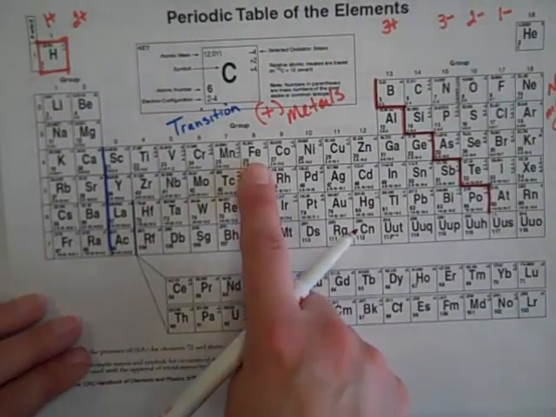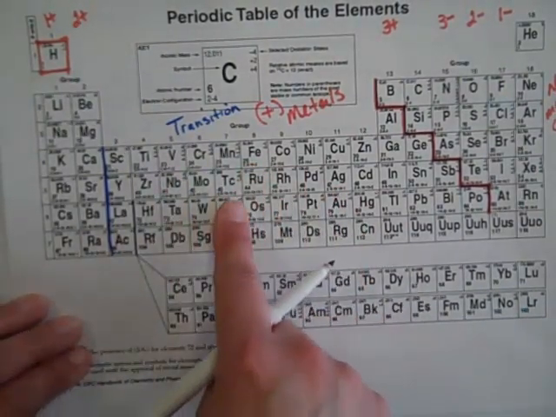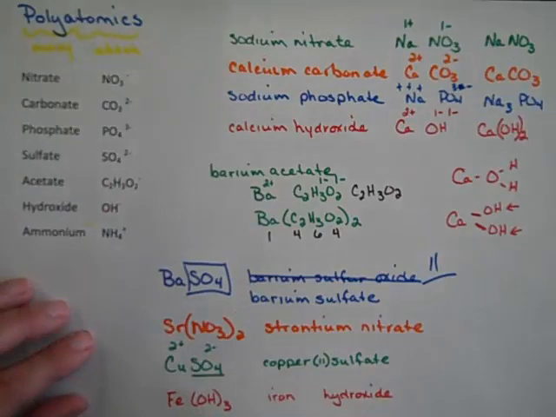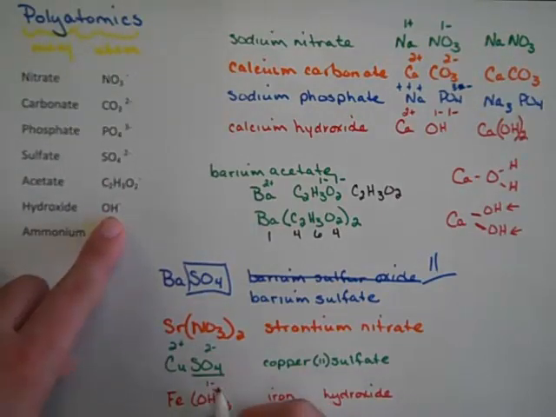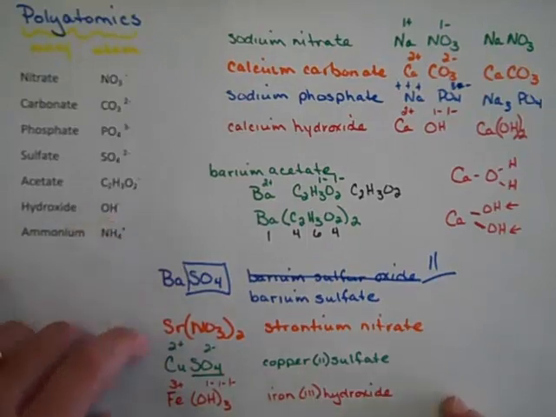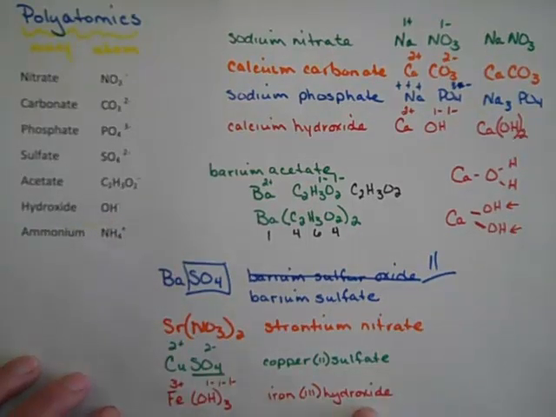Iron is here on our periodic table. It is a transition. So hydroxide has a 1 negative charge, and there are 3 of them. So that gives us a 3 negative charge on our hydroxides. So we only have 1 iron. That must mean that we have a 3 positive charge on our iron. So we have iron 3 hydroxide.